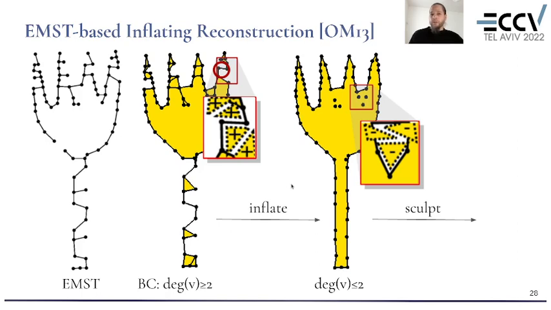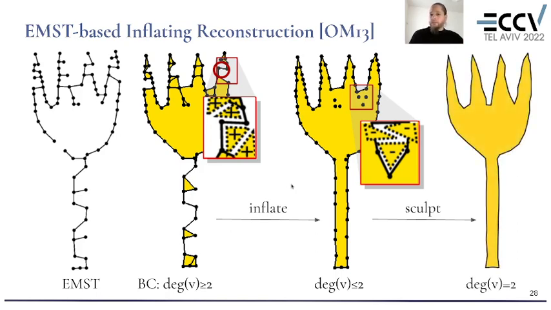So here we look at all the interior vertices and their incident triangles in the Delaunay triangulation, and candidate triangles are the ones which have edges on the current boundary, and then we select the triangle which, when we flip it in the current Delaunay triangulation, so here an edge is removed, 2 more edges are added to expose the interior vertex on the boundary, and we choose the target triangle that adds the least length to the boundary length. And then we get the desired result, which is also manifold, so the degree of all vertices is equal to 2.